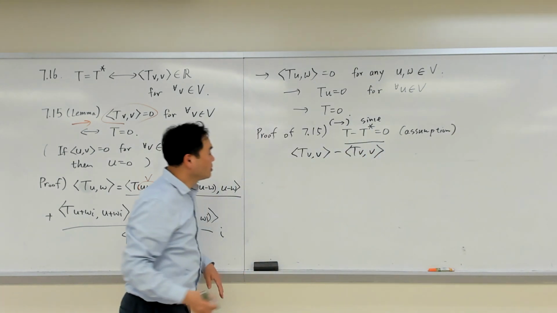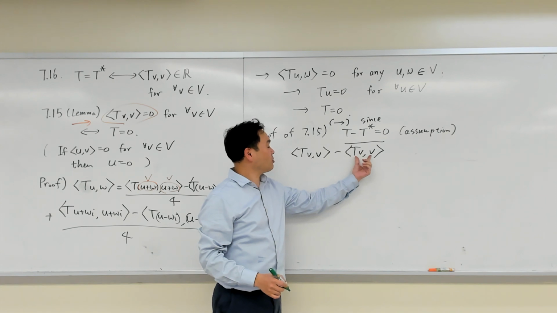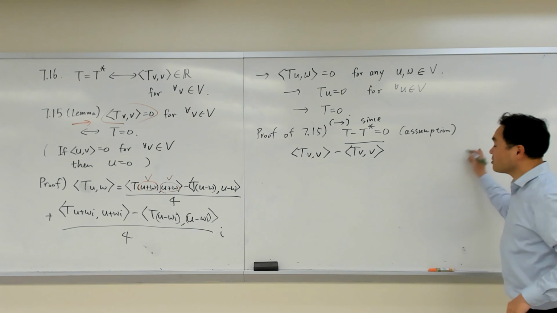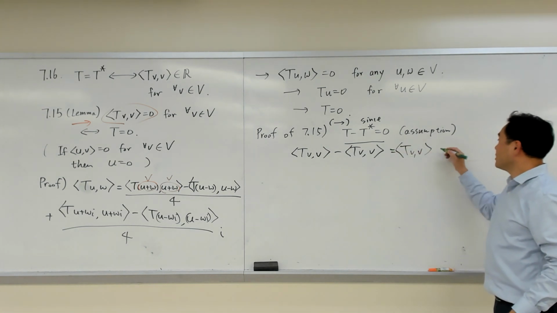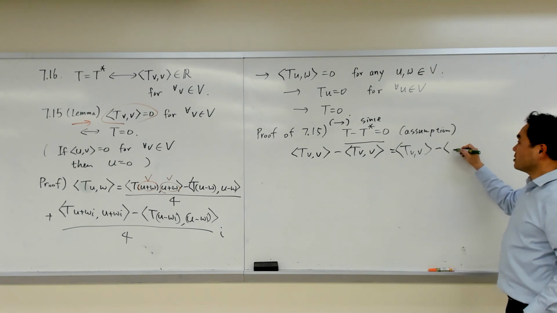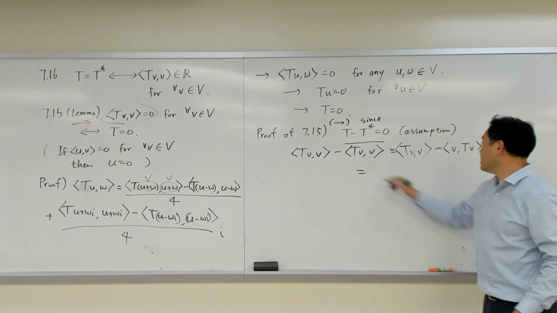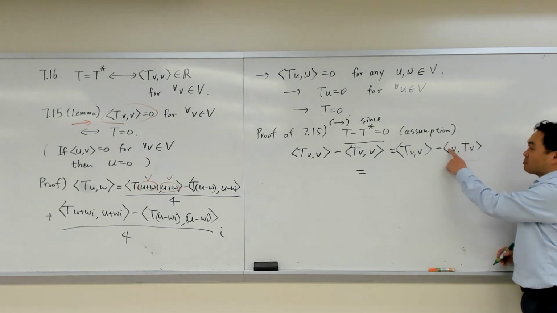Okay. Then bar, if you flip these two around, the conjugate disappears. So we end up with TVV and then minus VTV. But then this is the same as, well, I can move this T to the other side by putting a conjugate.